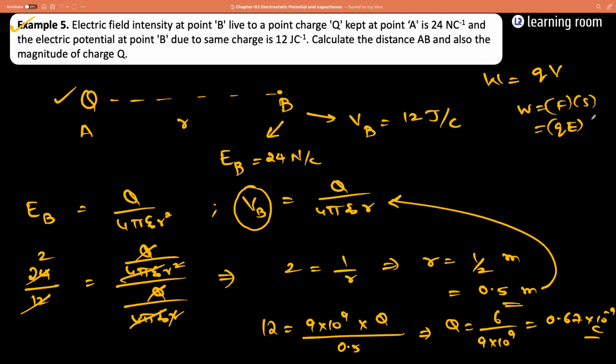You want to write this as Q into E into S. You want to say that E into S is V. That depends on the concept, and on how the charge is moved and all those parameters. Actually, work done is not Fs, work done is Fs cos theta. What will you do with that cos theta? Yes, sir. Okay, sir. Good.